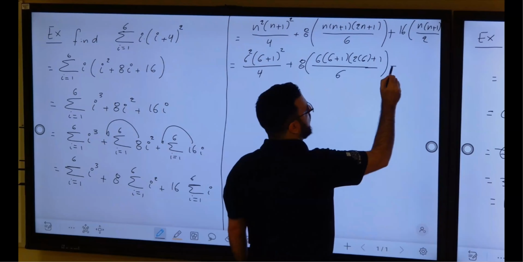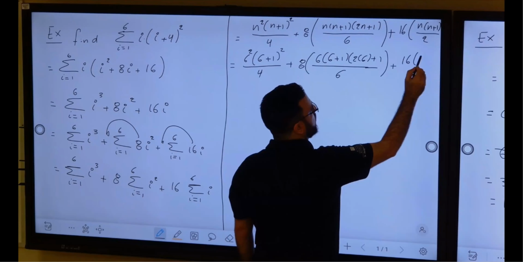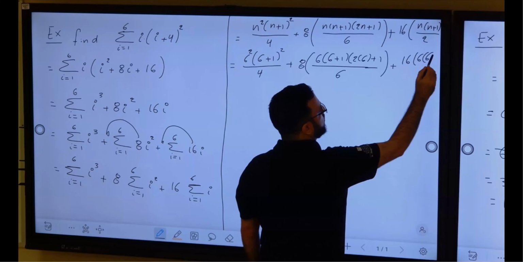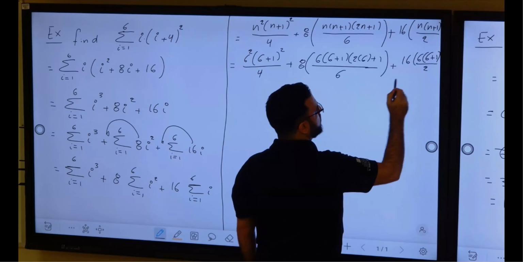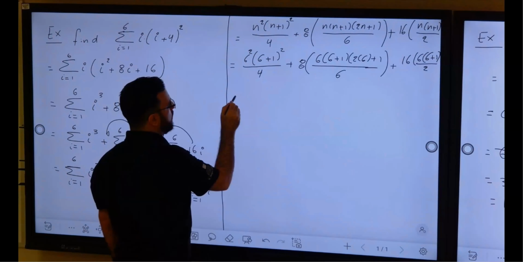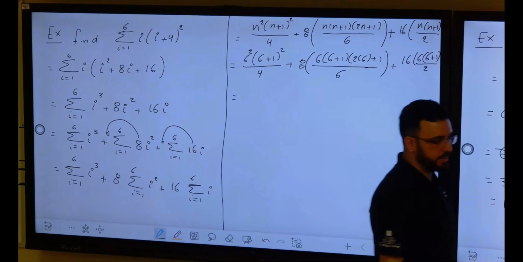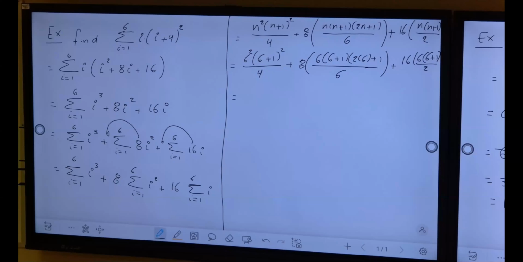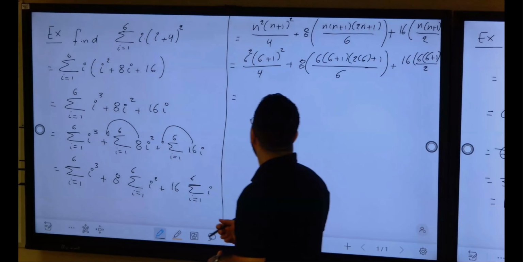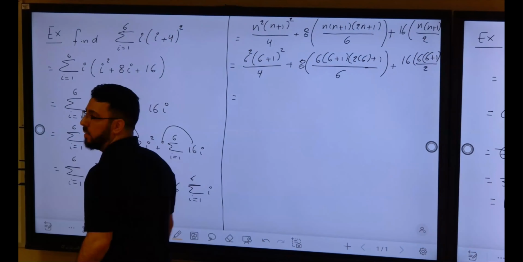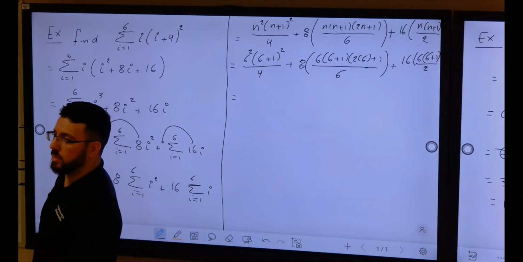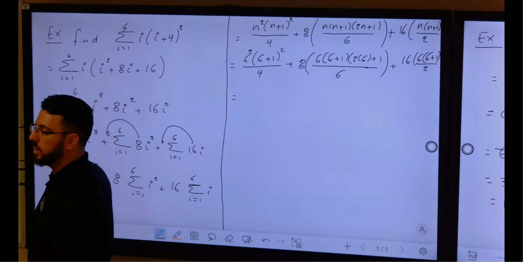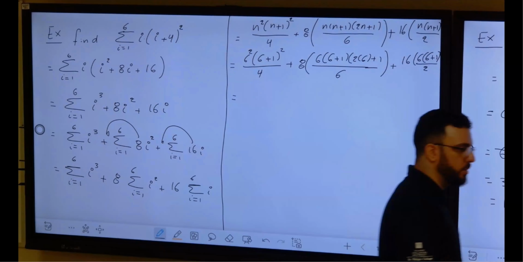And here plus 16 times 6 times (6 plus 1) divided by 2. How much was it for the first step? Something is wrong. The sum of i cubed is n squared times (n plus 1) squared over 4.